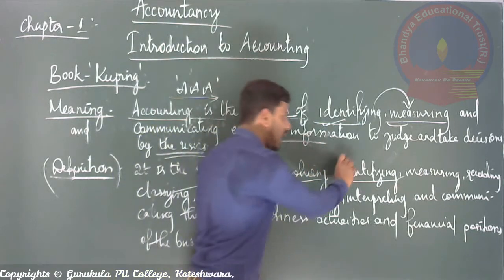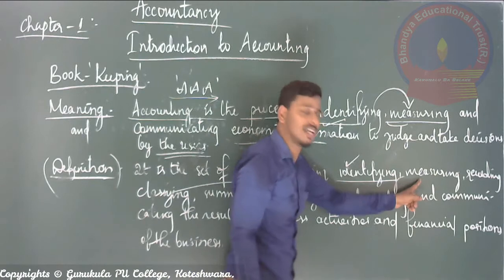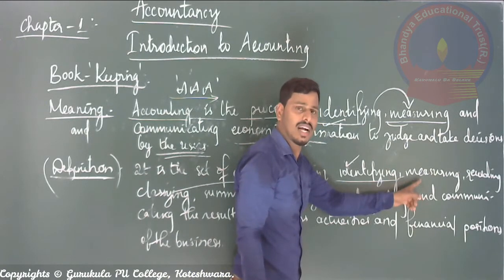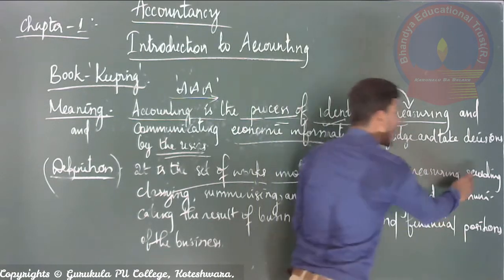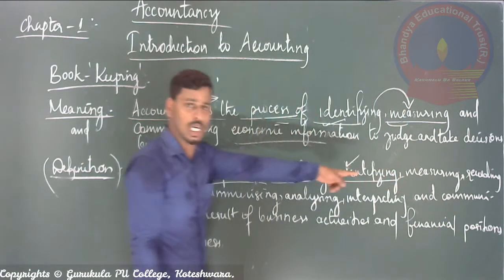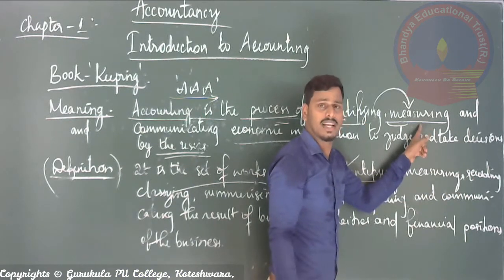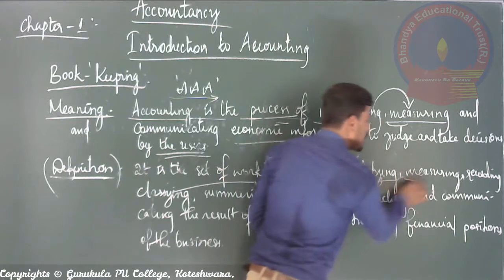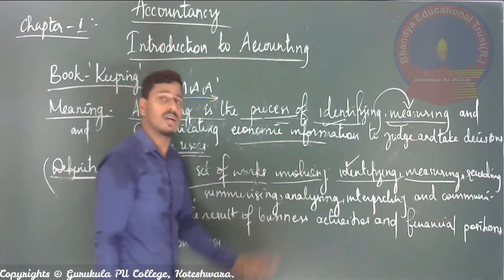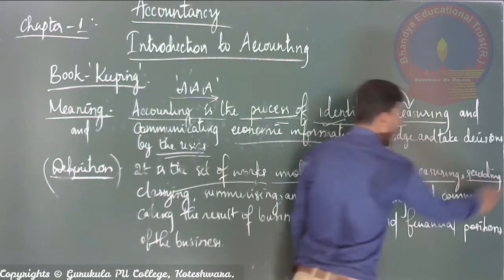So once you identify, immediately you have to measure the transactions, right? What is the value of the transaction is nothing but measuring, and recording. That one more step is included in this meaning, which is not there in the American Accounting Association meaning. So after measuring, once you give monetary values for the transaction, immediately it has to be recorded.